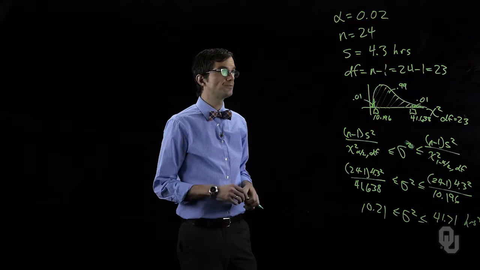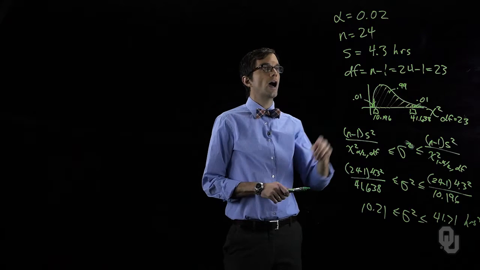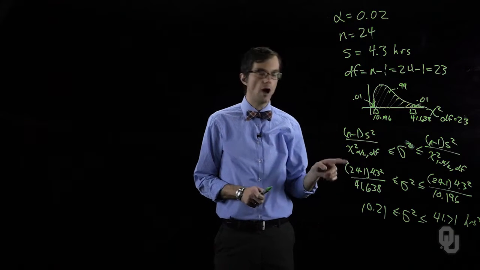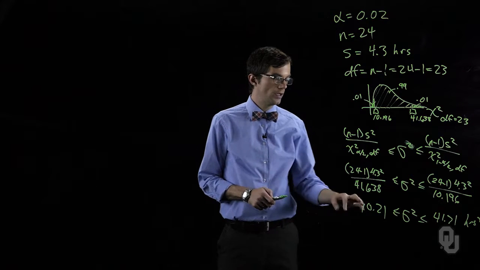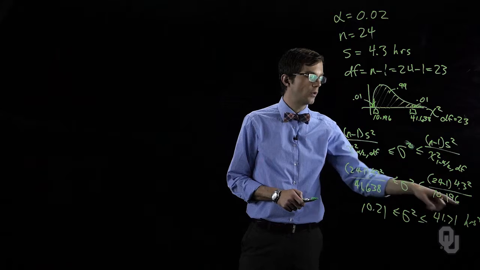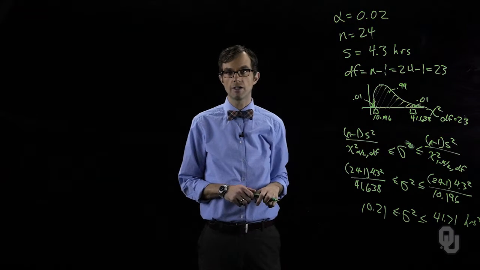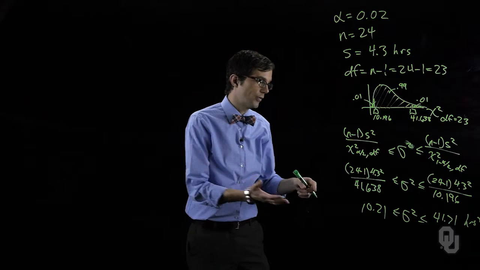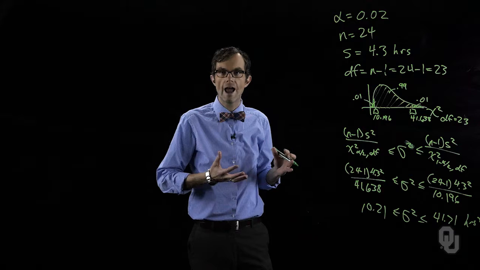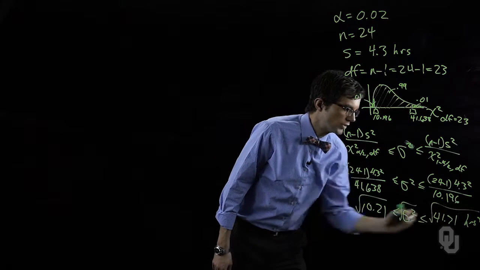So what does that say? Based on our sample of 24 workers, the variance of hours worked in a work week is between 10.21 and 41.71 hours squared per week with 98% confidence. If we don't like dealing with hours squared, I don't know what hours squared even means, we can take the square root of both sides.